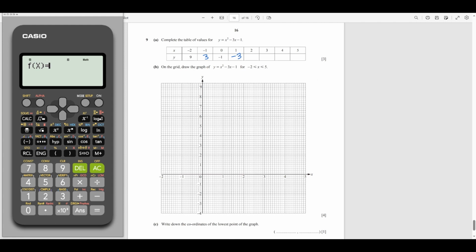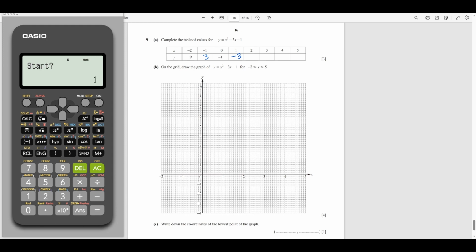So doing the same method, x squared minus 3x minus 1. Okay, so my calculator has this function of asking me another function if I want to input. So I'm not interested in another function. There's only one function I'm interested in. So I'll let it go. Press equals to, it will let it go.